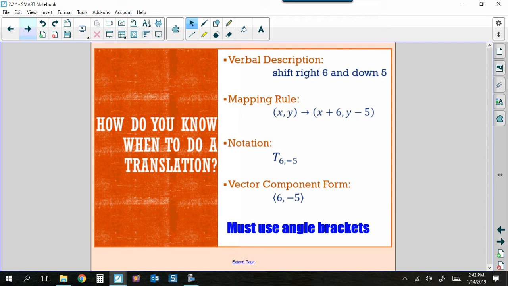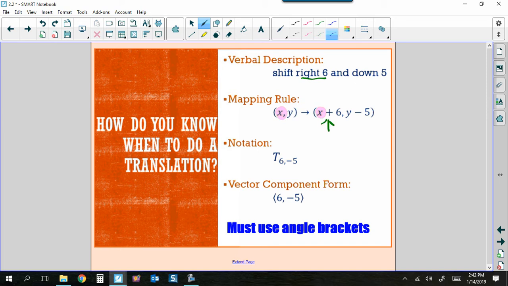A mapping rule, you want to think of that just like your basic input-output you did in algebra. You are going to have a pre-image. You're going to have your x, y coordinates, and whatever x is in the pre-image, you would add or subtract to it depending on if you are going right or left. If you think about a coordinate plane, going to the right would be a positive move. So going right means you are adding to your x coordinates.